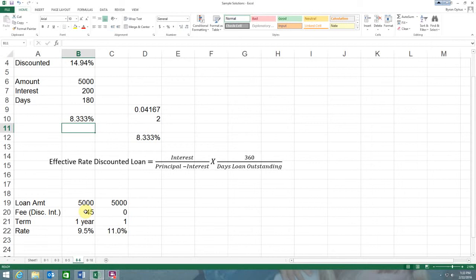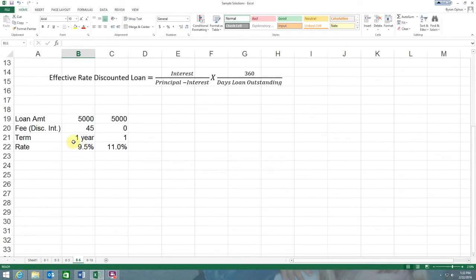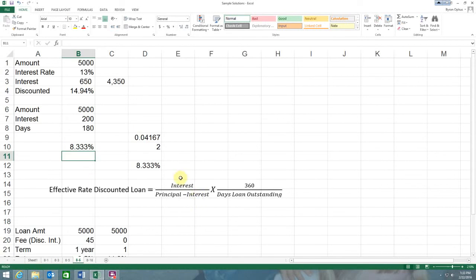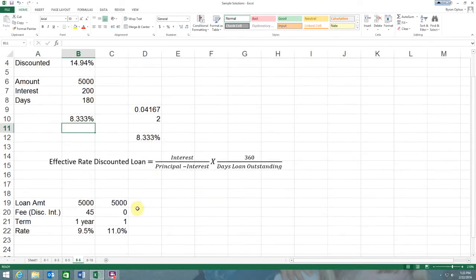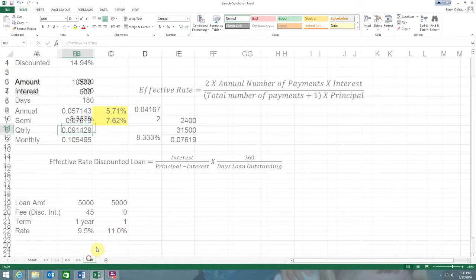It's usually discount rate, or discount points that they'll call it. And this is how they actually figure it. So you'd figure the $45 is your interest, $5,000 is your principal, and you'd get an effective rate, but then that would be added to the actual rate, is how you would calculate that. So I might give you a little extra credit if you want to mess with that.